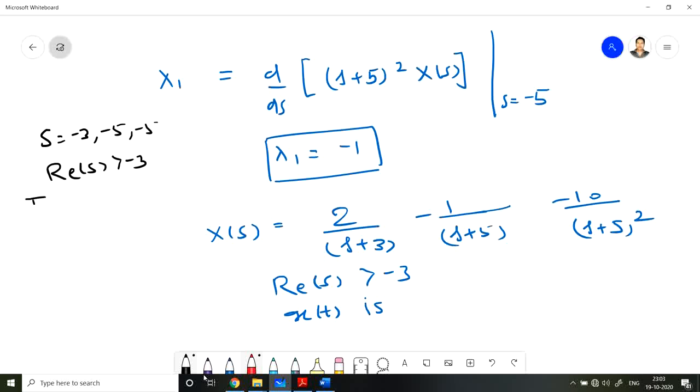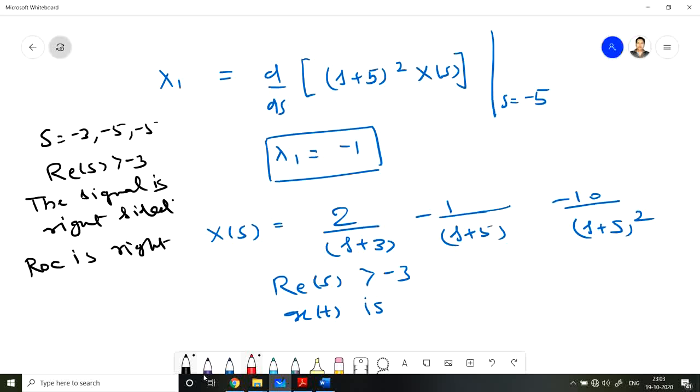It means the signal is right sided. So we can easily say that x(t) is a right sided signal.